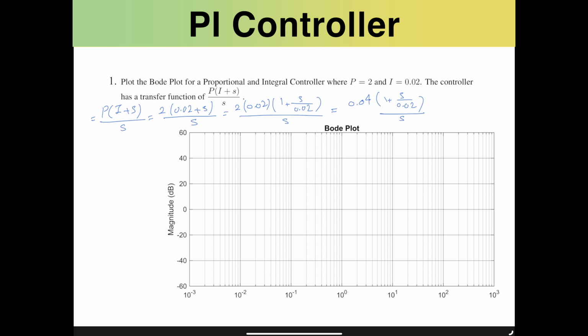If you call this H, I would say H is a multiplication of H1 times H2 times H3, which in our case H1 is simply 0.04, H2 is 1 plus S over 0.02, and H3 is simply 1 over S. So these are the three different smaller transfer functions that we are interested to plot.